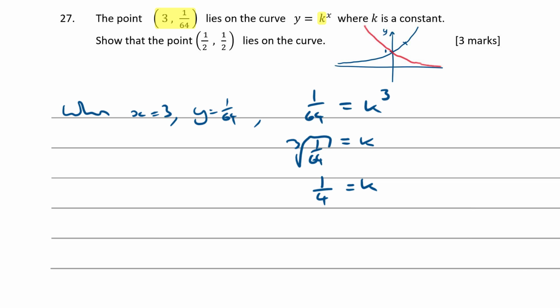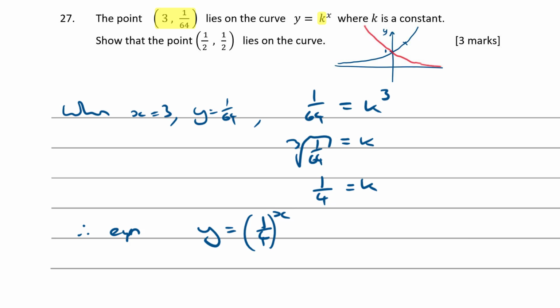Okay, so that means that the equation of my line is y is equal to 1/4 to the power of x. So show that the point 1/2 lies on the line. Now we can do that by subbing in x equals 1/2 and showing that that's equal to 1/2 for y.